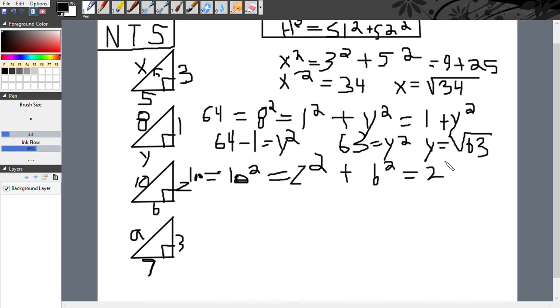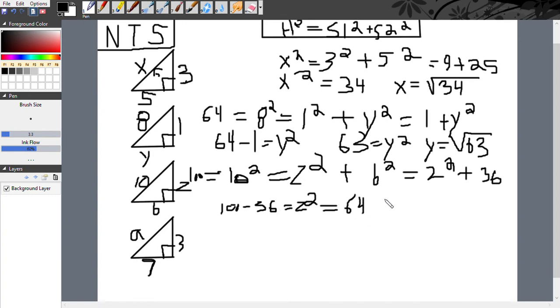Z squared plus 36. From there, we can simplify. If you take 36 to the other side, 100 minus 36 is equal to z squared, which is equal to, if we simplify that, 64.